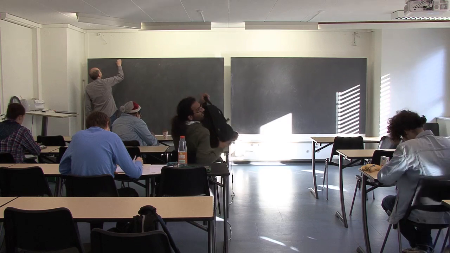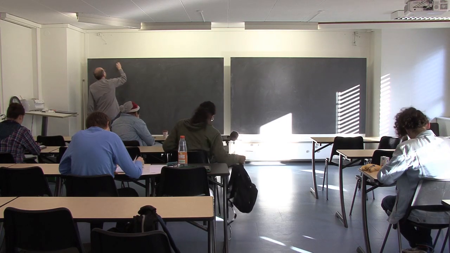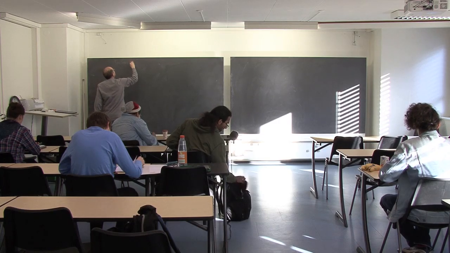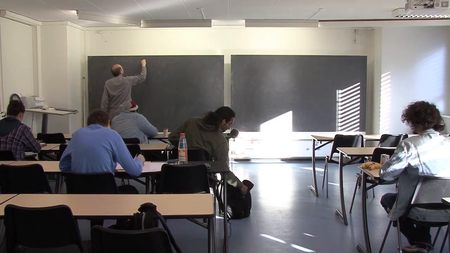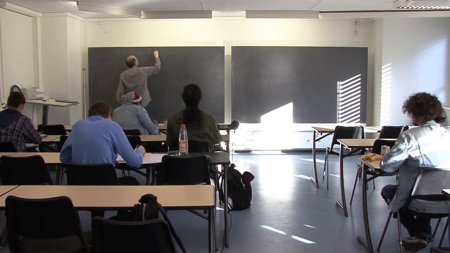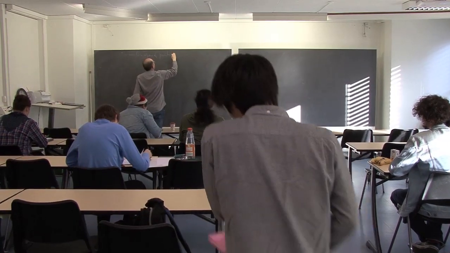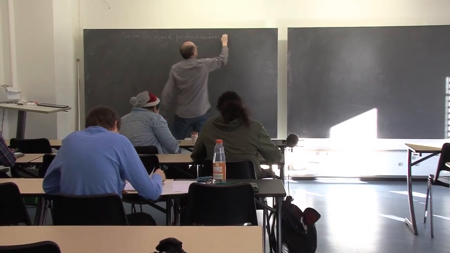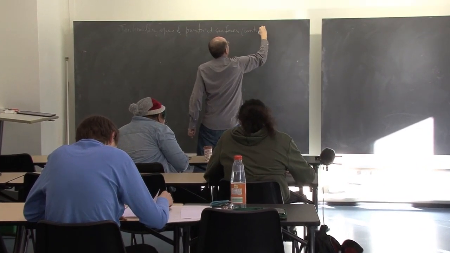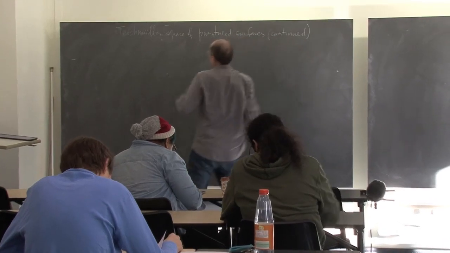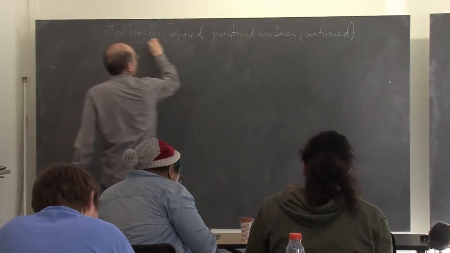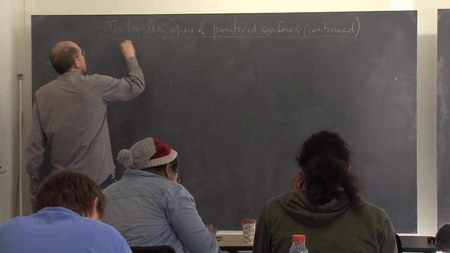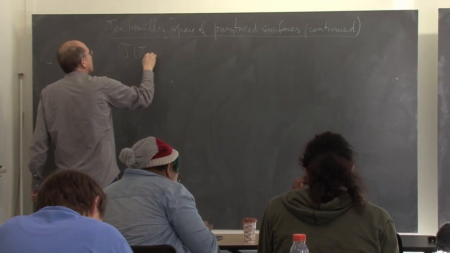So we're still doing the Teichmüller space of punctured surfaces. The Teichmüller space was denoted by tau of sigma.